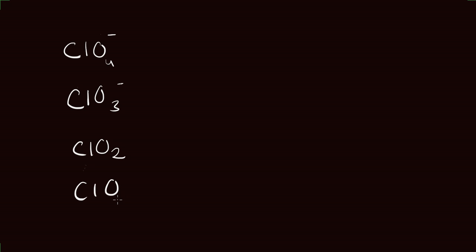For example, if you have such polyatomic ions, ClO4 -1, ClO3 -1, ClO2, ClO. This one is called chlorate, this one is called chlorite.